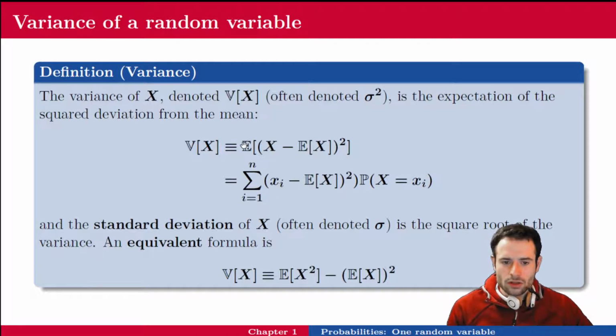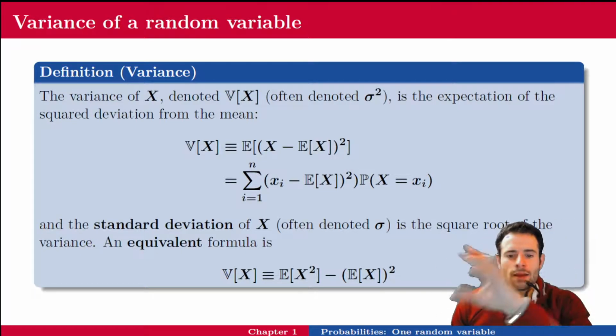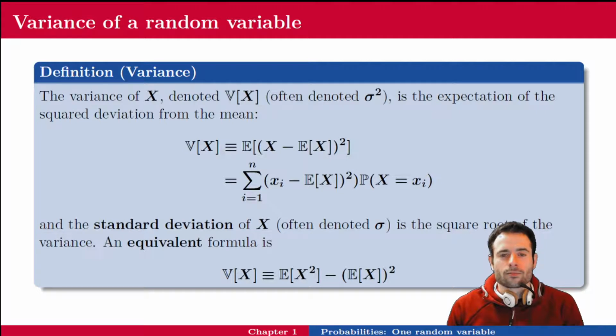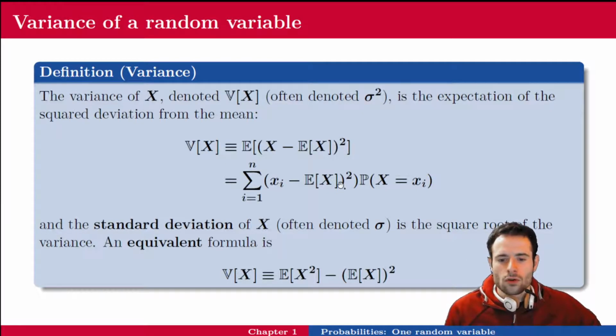Because I take an expectation, I can actually go back to the previous formula. The previous formula was saying sum of the value times the probability it happens. Now, we do not have expectation of x here. We have expectation of x minus expectation of x squared. So, we're going to replace our small xi from before and just have it there. And multiply by the probability that x takes the value xi every time.